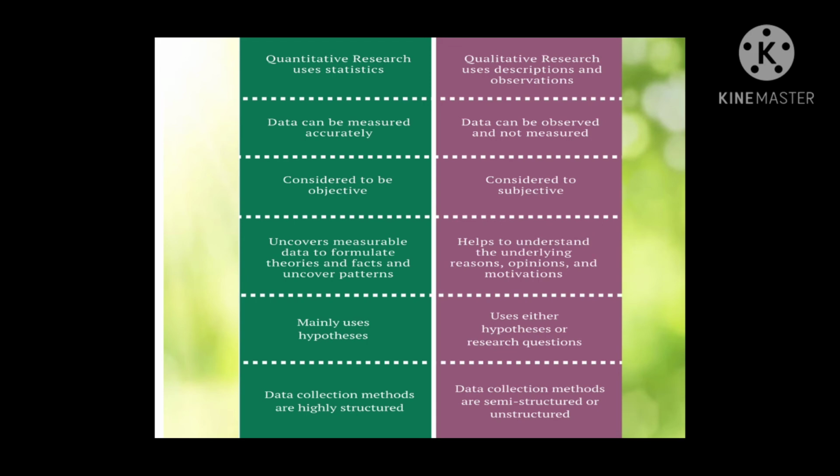Quantitative research uncovers measurable data to formulate theories and facts and uncover patterns, while qualitative research helps to understand the underlying reasons, opinions, and motivations. Quantitative research mainly uses hypotheses, while qualitative research uses either hypotheses or research questions. And lastly, in quantitative research, data collection methods are highly structured, while in qualitative research, data collection methods are semi-structured or unstructured.